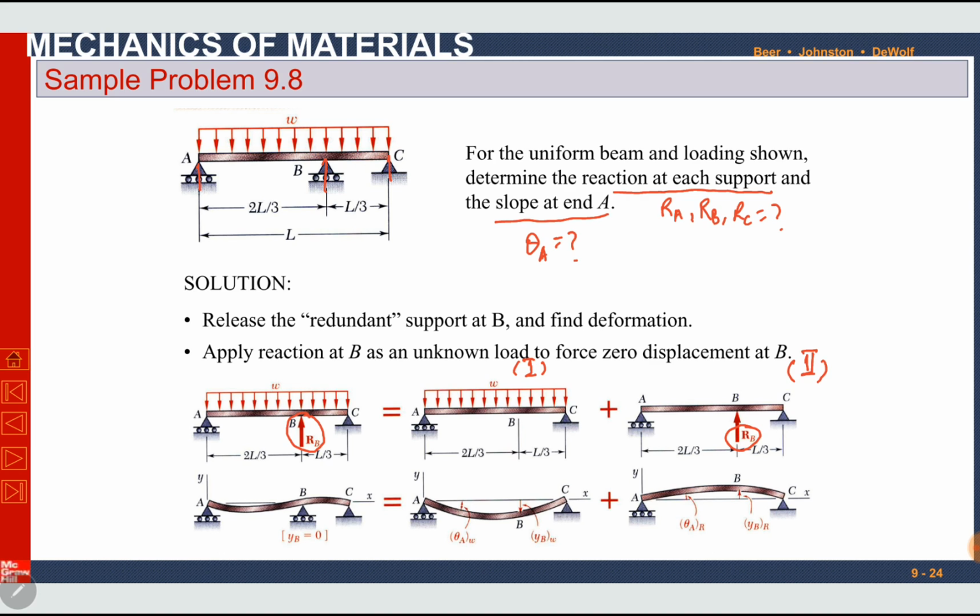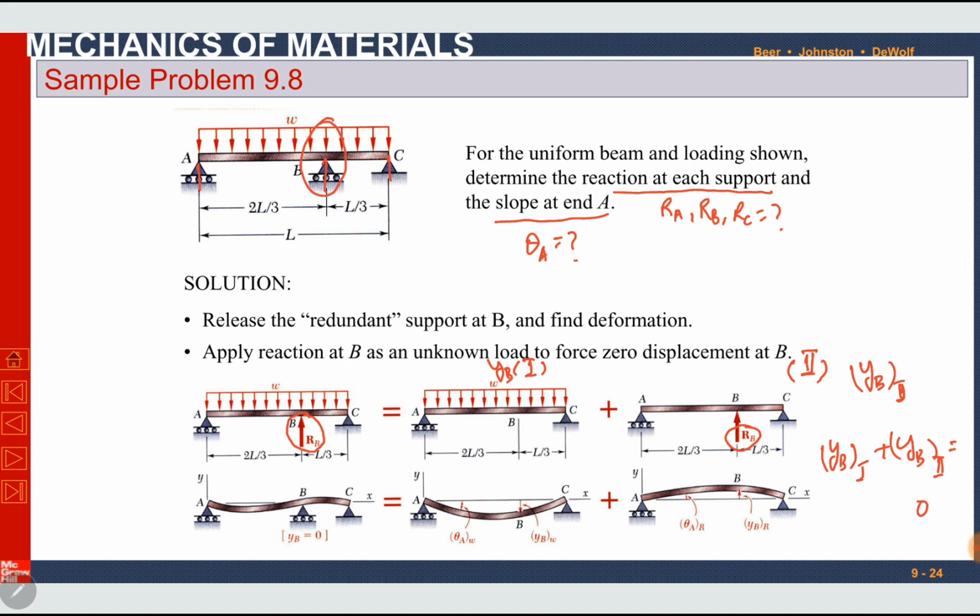I will find YB under loading 2 and YB under loading 1. The sum of YB1 plus YB2 must be equal to 0, because at point B there is a roller support, and at roller support the Y is always 0.